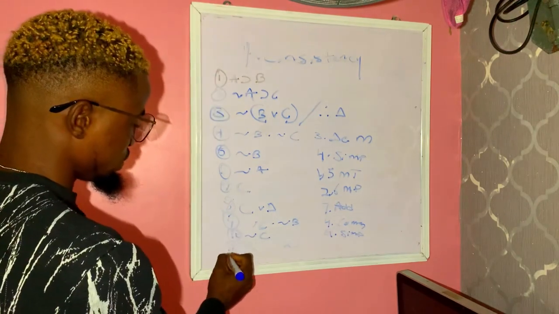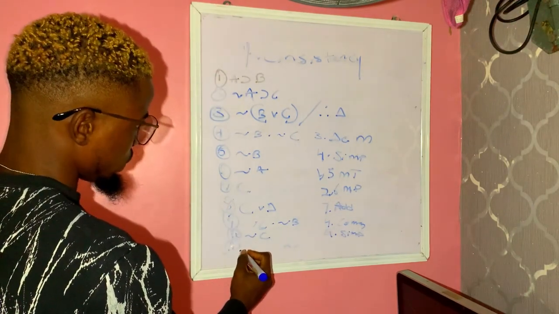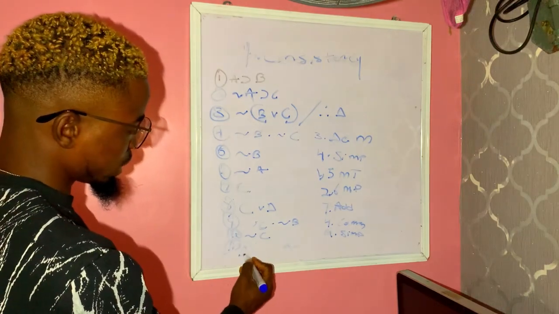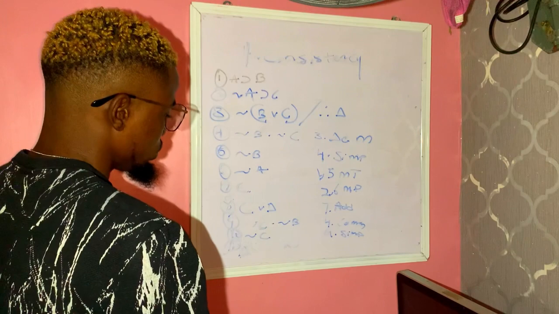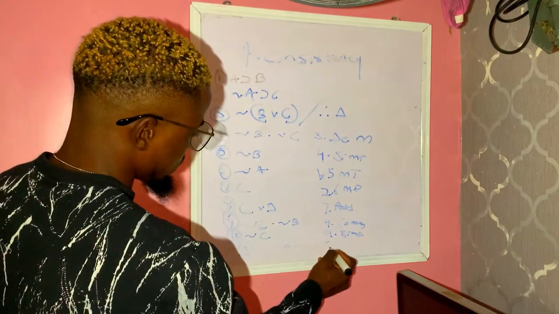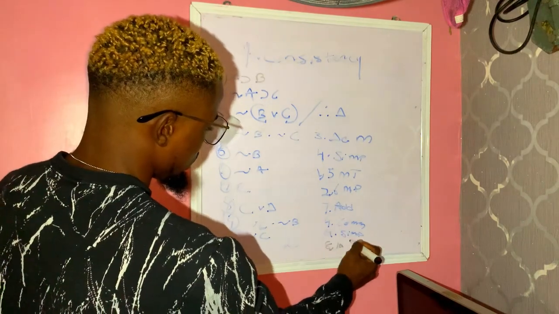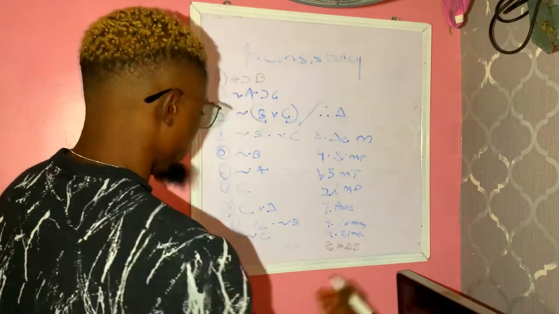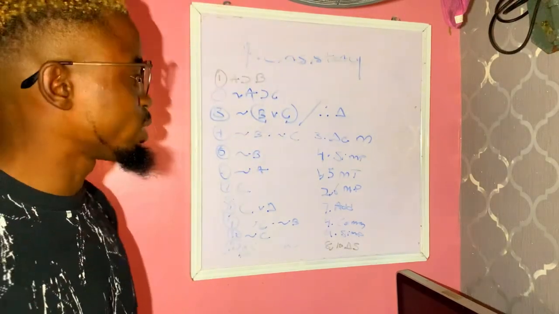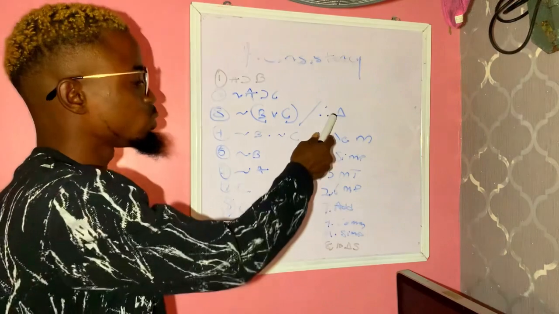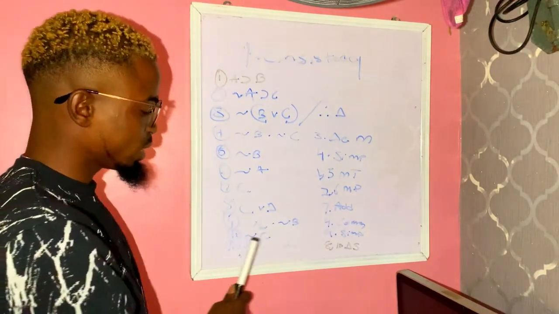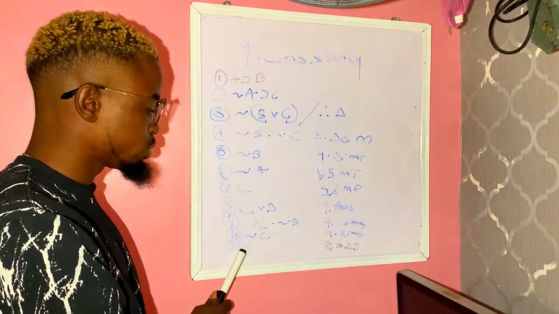Then 11, D. So I've arrived at the conclusion at line 11, D, through 8 and 10, disjunctive syllogism. So as I was explaining earlier, the rules of disjunctive syllogism and addition are very important, because at the end of the day, you are going to use addition to bring in the variable that is not in the premise. Then you are going to use disjunctive syllogism to arrive at the conclusion, which is D.